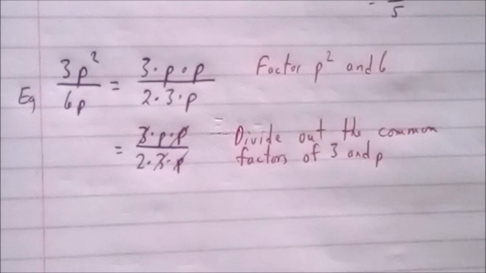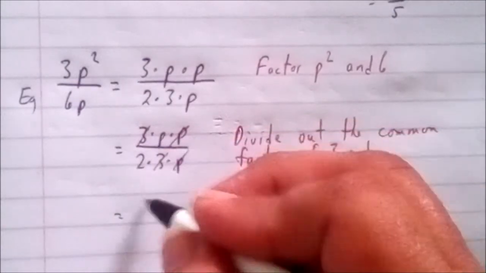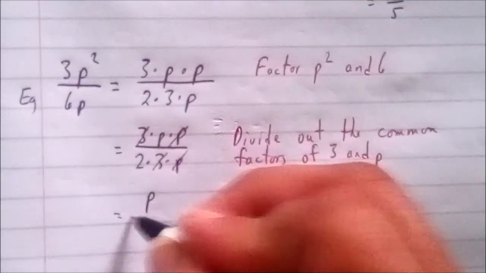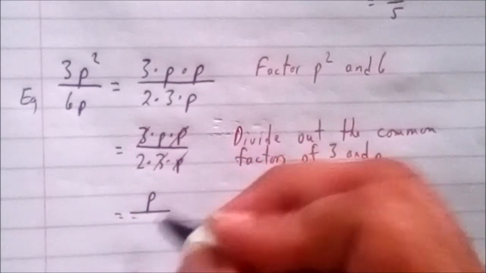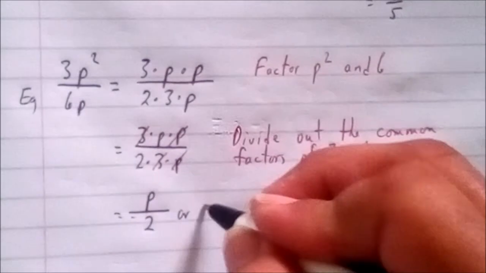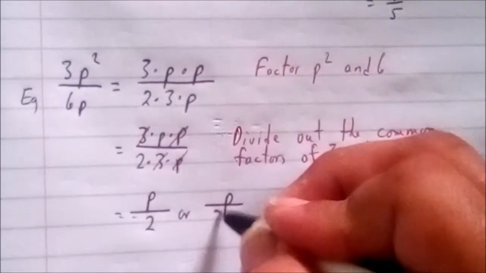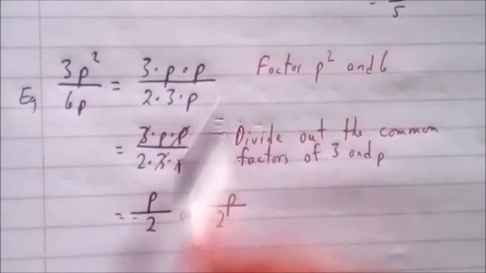Now I end up with the next step: 1 times p times 1, which gives me simply p over 2 times 1 times 1, that's simply 2. Or some people may want to write a slash through the p, p over 2, which is more correct and precise, because remember all of these are small p's.